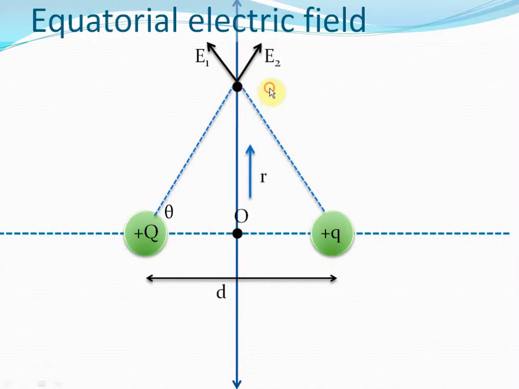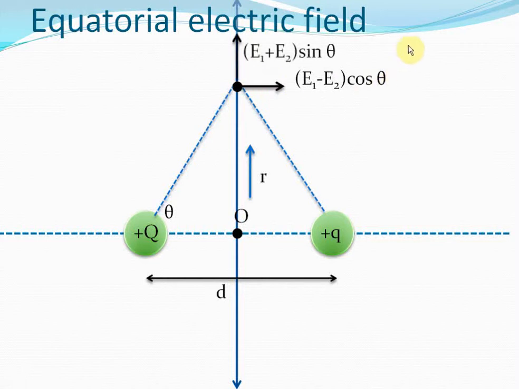We can add these two electric field vectors to get the final equatorial electric field at any point on the equator. So if you take the components of the electric field along the x-axis, the equatorial electric field along the x-axis will be E1 minus E2 cos theta, isn't it? Similarly, the electric field along the y-axis will be E1 plus E2 sin theta, isn't it?